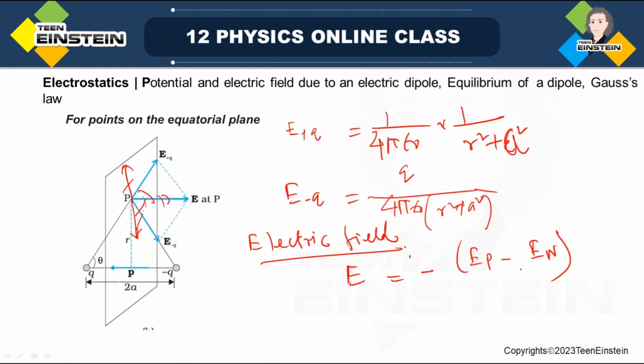So P for positive, N for negative. If we take this, there will be cos theta here. Why negative? Because this is just opposite to the direction of the dipole.